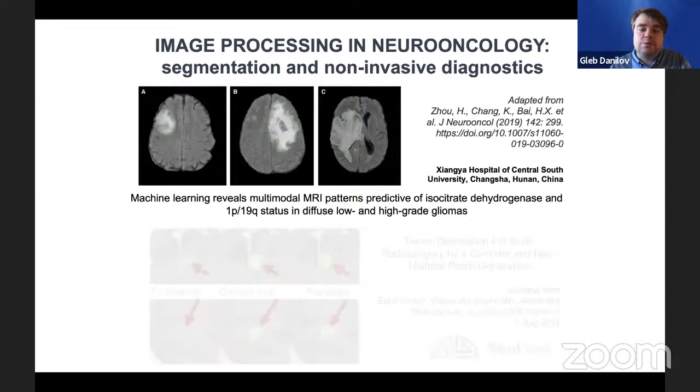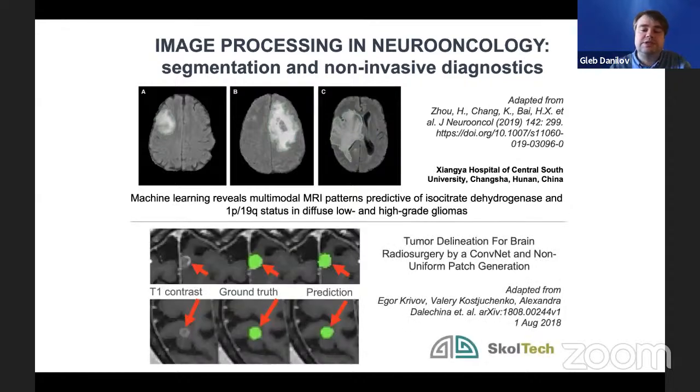Another example is a work from Burdenko Neurosurgery Center, which I come from. A computer can learn how to automatically delineate small tumors when planning a radiosurgery. And you see that the auto-segmentation in this example is pretty close to manual segmentation. And that's very important because this is the point where the efficacy of artificial intelligence comes out.